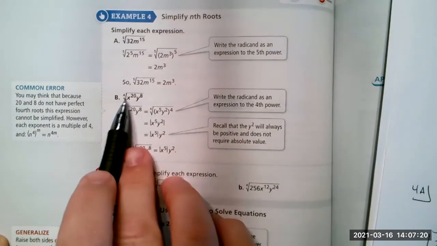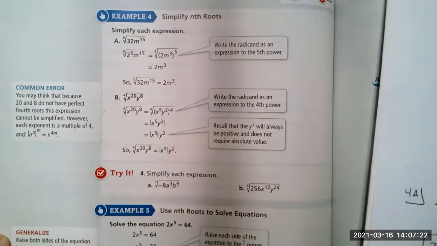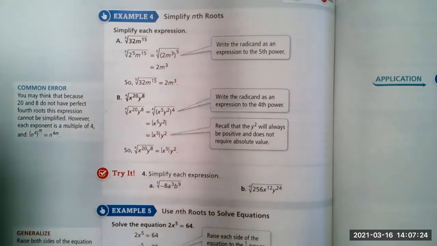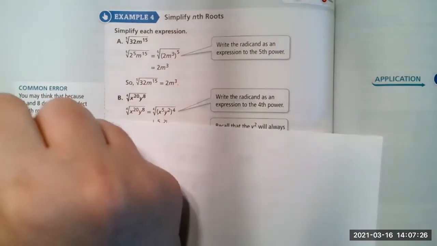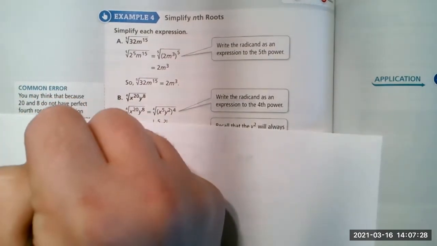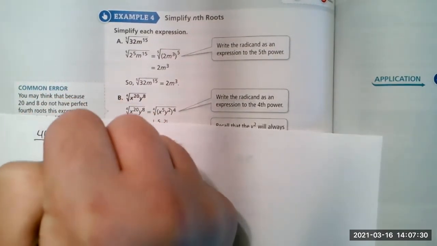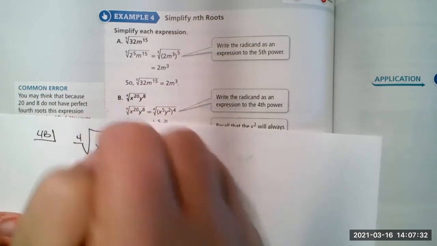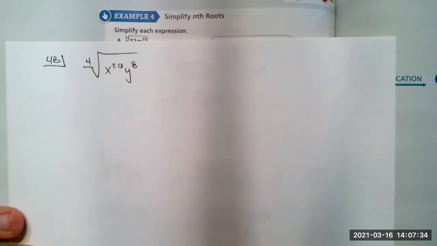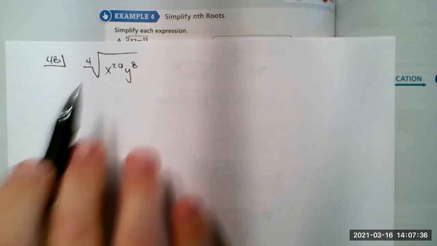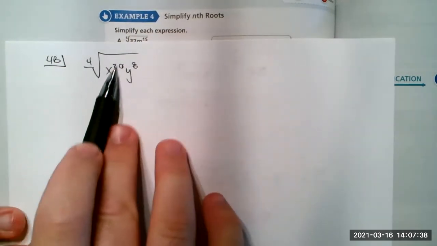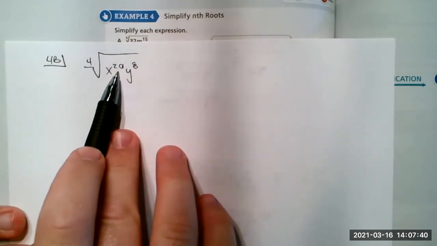B, the 4th root of x to the 20th y to the 8th. Just remember what we talked about, the relationship between the index and what's happening with your radicand is you're just dividing those two things.